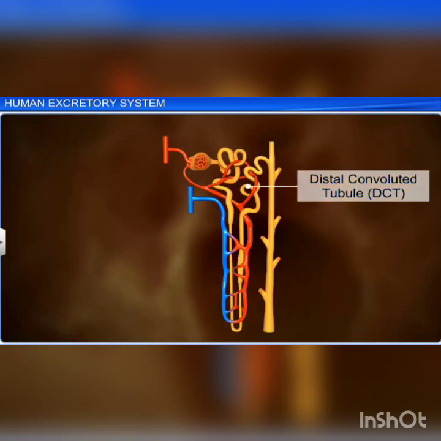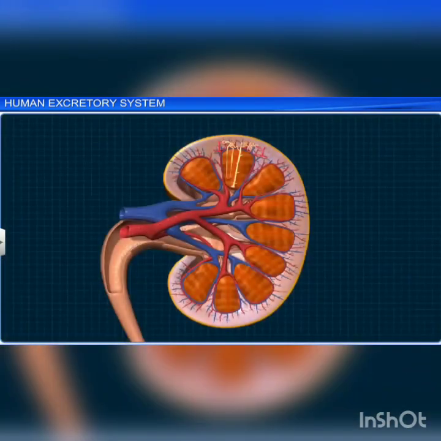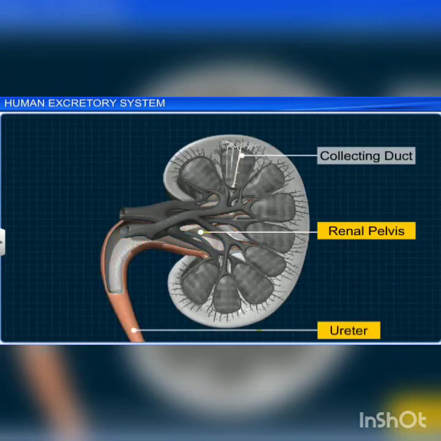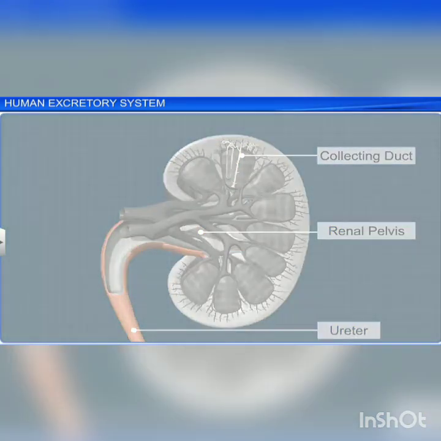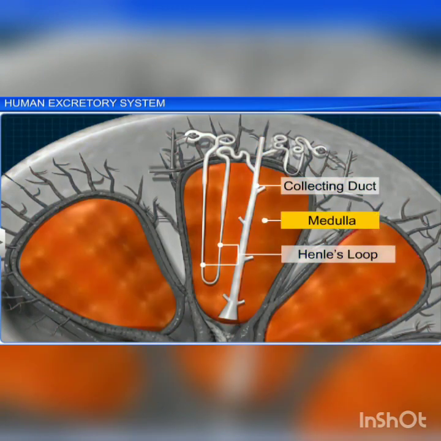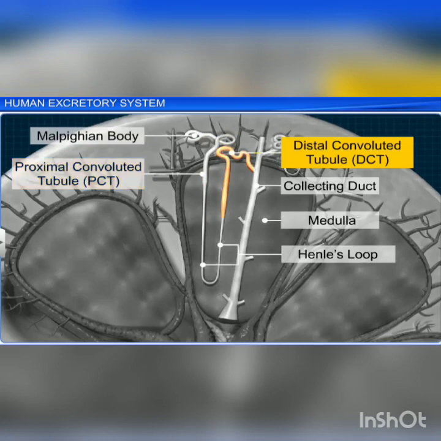The distal convoluted tubules of several nephrons open into a collecting duct. Several collecting ducts converge and pass through the medulla into the renal pelvis, which leads to the ureter. The collecting ducts, along with Henle's loop, lie in the medulla, while the Malpighian body, proximal convoluted tubule, and distal convoluted tubule of a nephron lie in the cortex of the kidney.